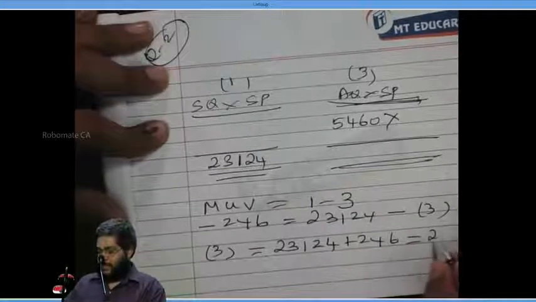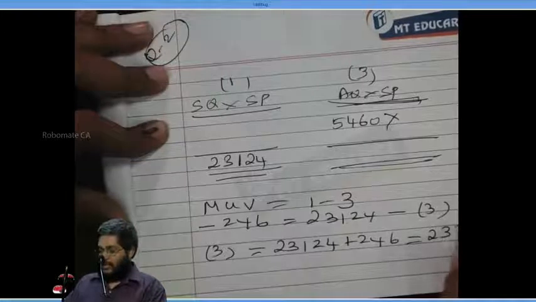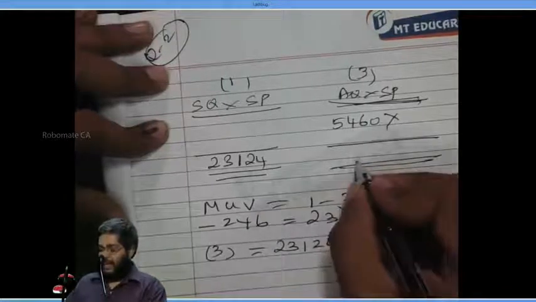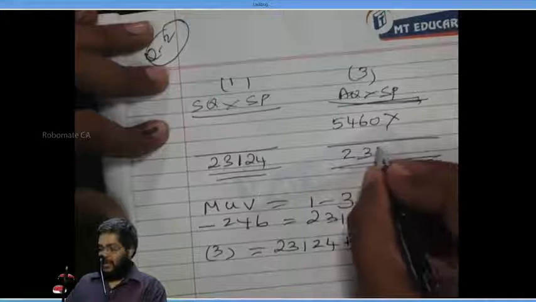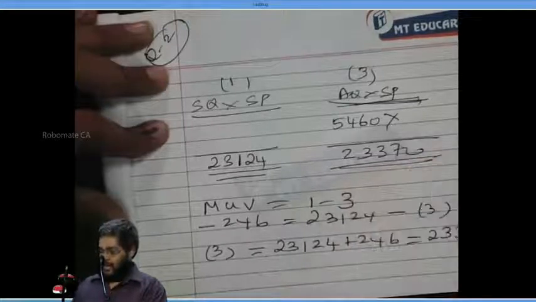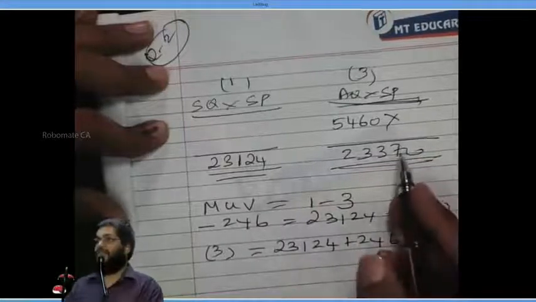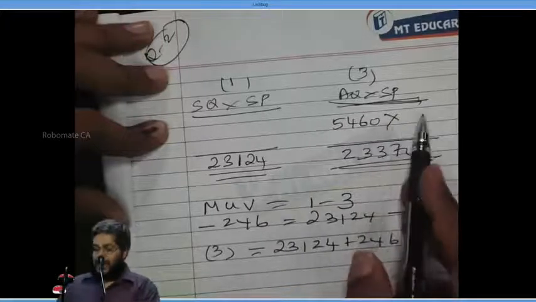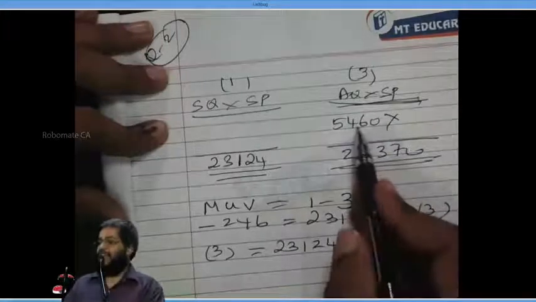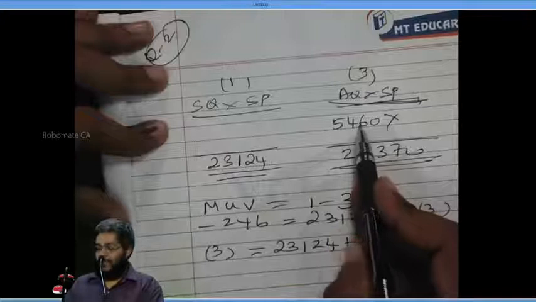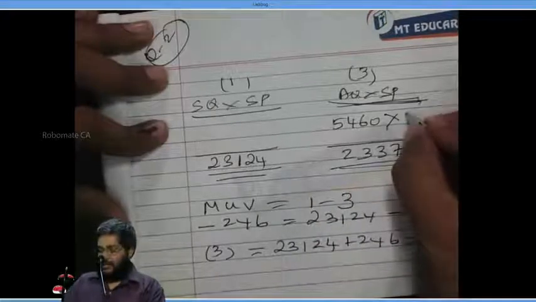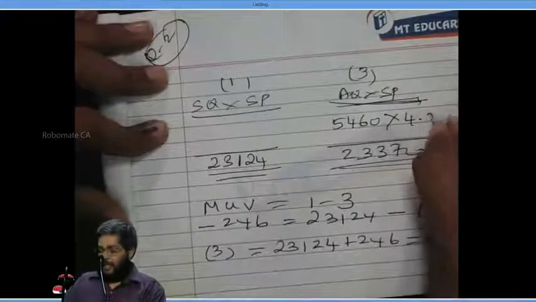The standard price is 23,370 divided by 5,460. Tell me the number. 4.28. Correct?